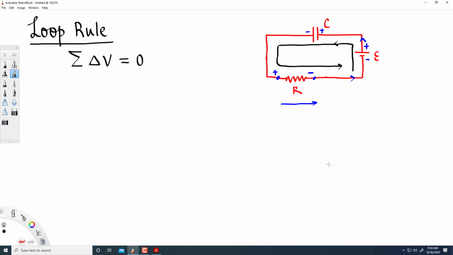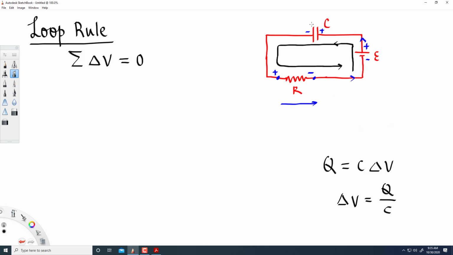We know this formula, Q is equal to C times delta V. So the potential difference across this capacitor would be Q over C. Okay.